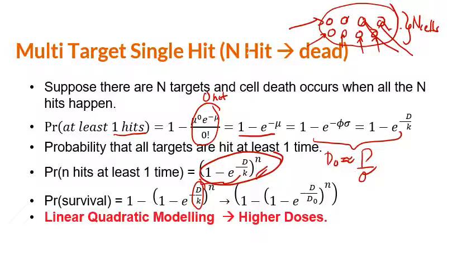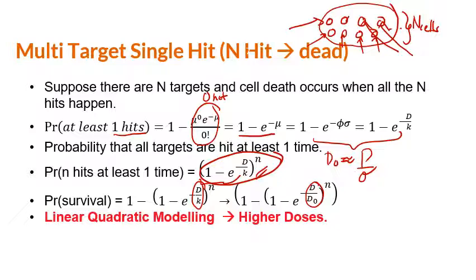Yan. Pinili lang natin yan na D0. Basta constant lang yan. So we now have our probability of survival given by this relationship, 1 minus (1 minus e to the minus D over D0) to the N. So this can be further expanded because when your argument in your exponential is very, very small, pwede ka mag-binomial approximation and then you just collect yung highest order term. So, pwede nyo pang gawin yun further.